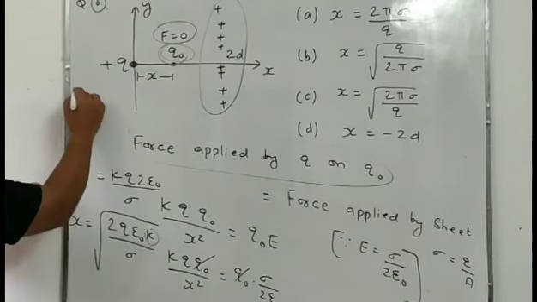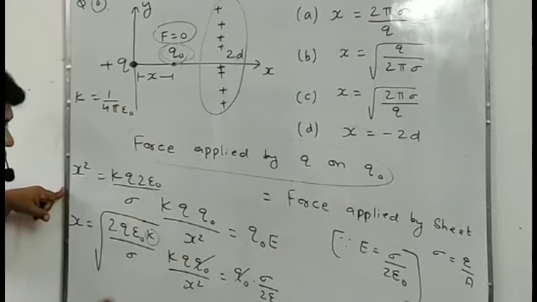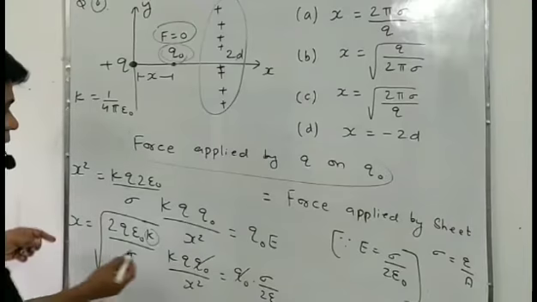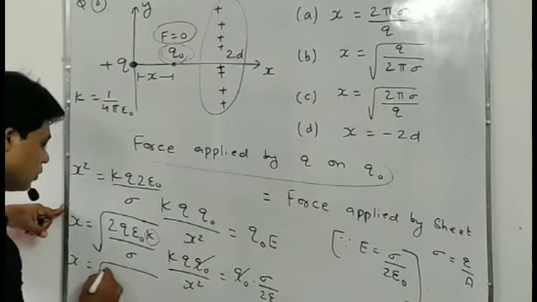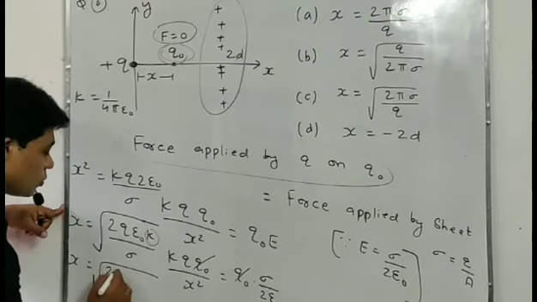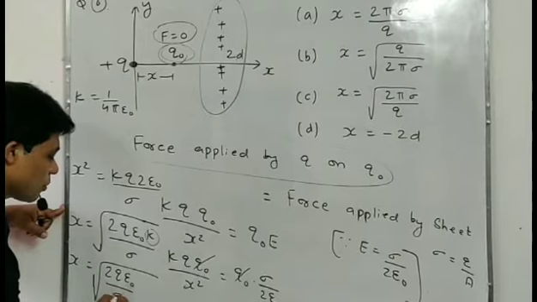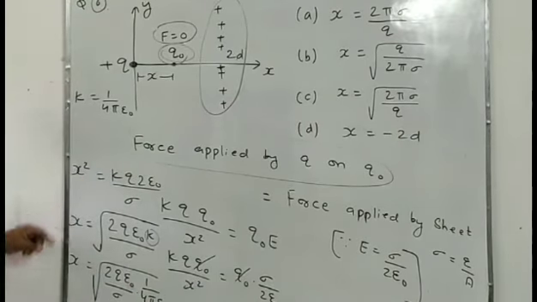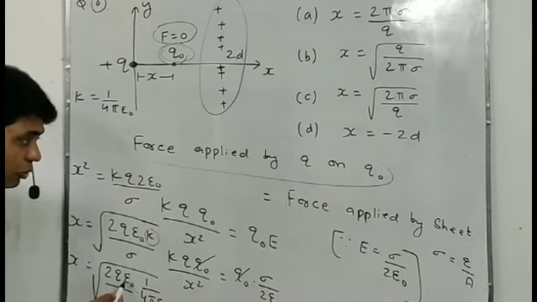What is k? K is called the electrostatic constant, 1 upon 4 pi epsilon naught. So look here, instead of k, I'm going to replace 1 upon 4 pi epsilon naught. So we get q epsilon naught by sigma, times 1 upon 4 pi epsilon naught. Now students, epsilon naught cancels out.